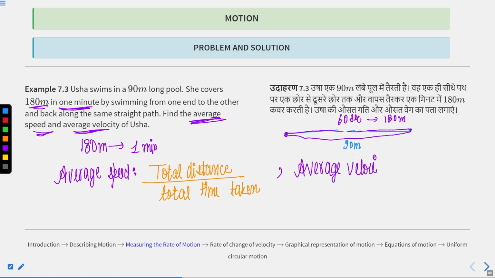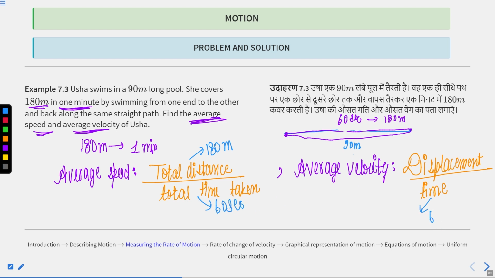Average velocity is displacement divided by time taken. So what is the total distance according to this question? Total distance is 180 meter. And how much time has she taken? She has taken 60 seconds.